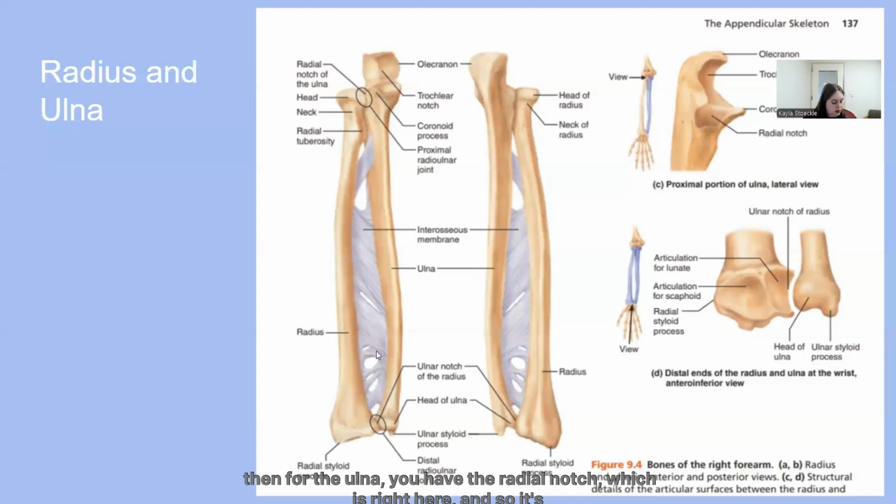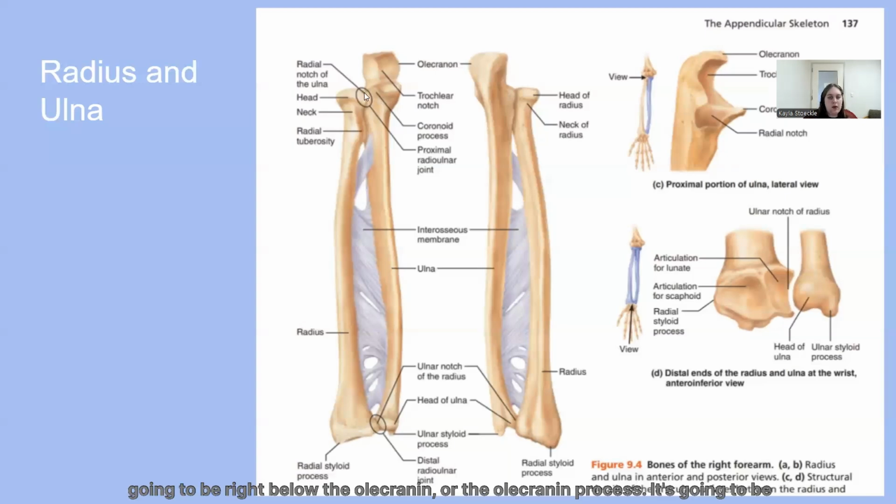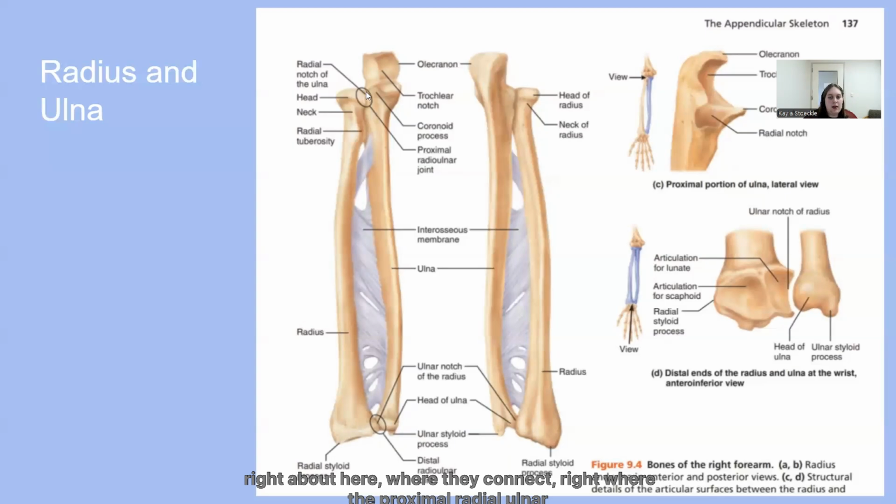And then for the ulna, you have the radial notch, which is right here. It's going to be right below the olecranon process, right about here where they connect, right where the proximal radial ulnar joint is, because the radial notch is a small structure that is going to allow for the head of the radius to attach and be smooth against the ulna.